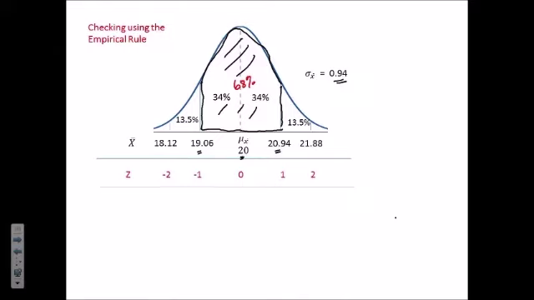Well, we were finding areas between 19 and 21. Now 19 would be about here. That's 19. 21 is a little bit above this one. 21. So does it make sense that the area from 19 to 21 would in fact be a little bigger than 68%?